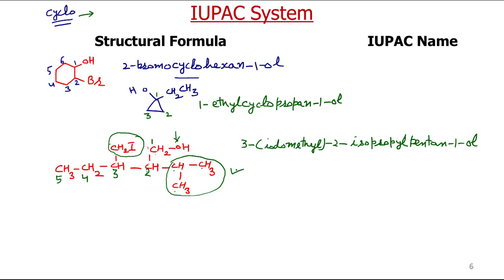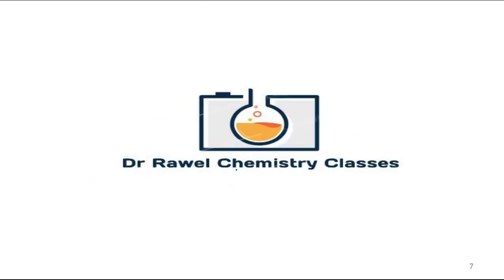So this is how we give IUPAC names for different monohydric alcohols. That was all for today. Basically we just learned how to name various monohydric alcohols. We have studied three systems. One was the common system of naming alcohols. In this system the name goes as alkyl plus alcohol, alkyl alcohol.